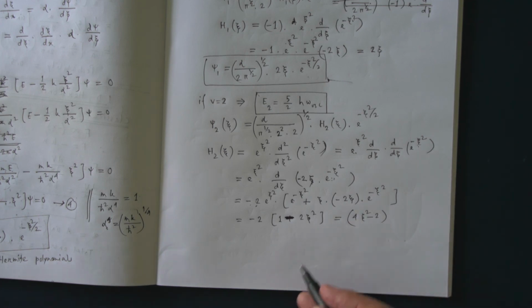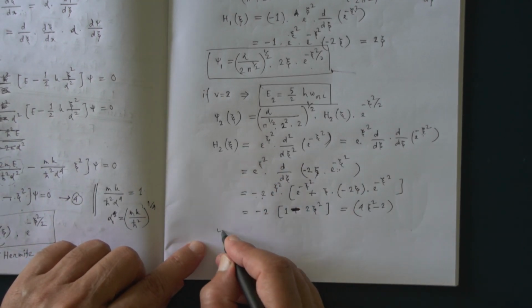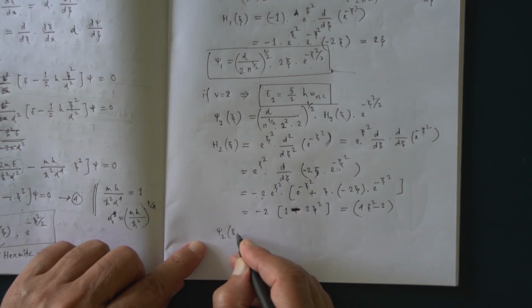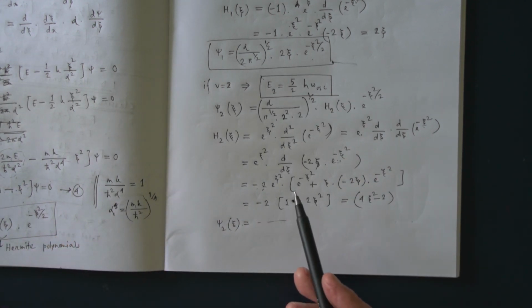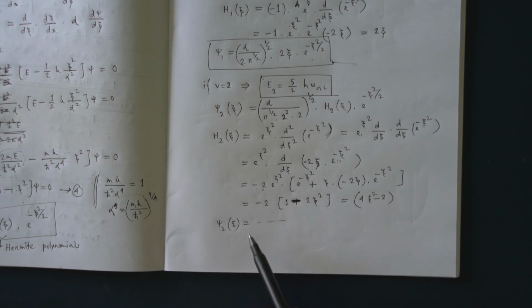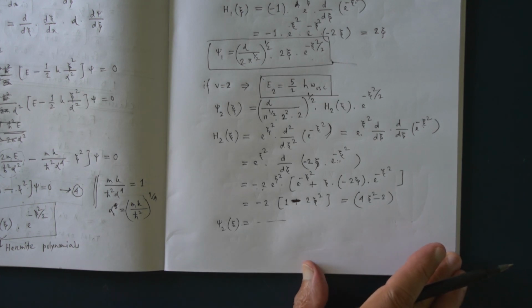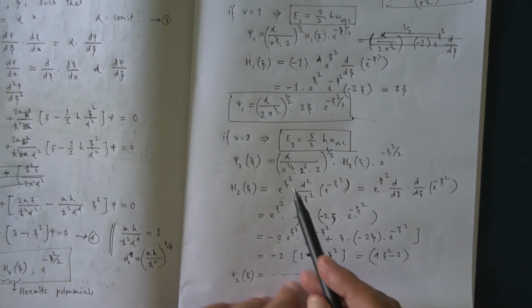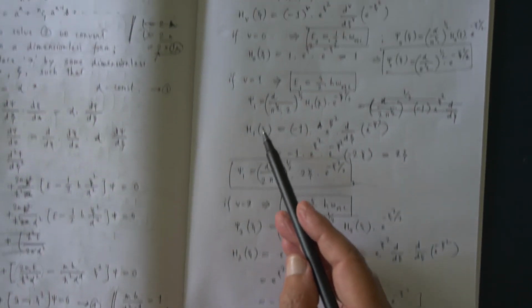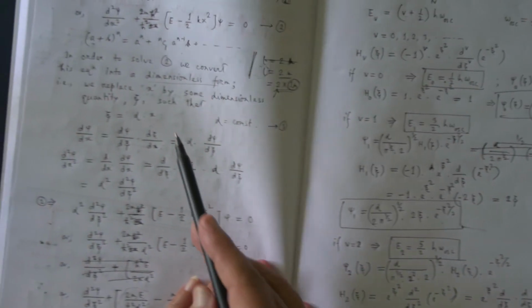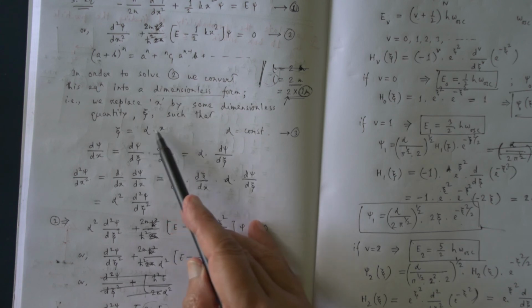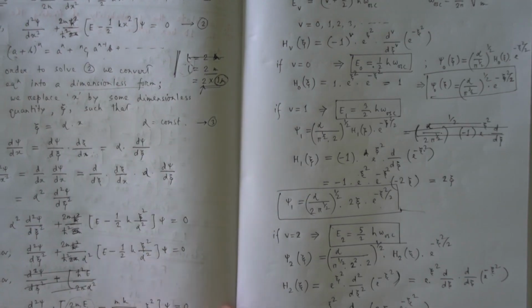Okay, so then we get this, so we get the value of psi 2 xi. So you see, in this way we can find out the value of energy and corresponding wave function. So here we have obtained the values of psi in terms of xi, but we can convert it in terms of x since we have got the relation.